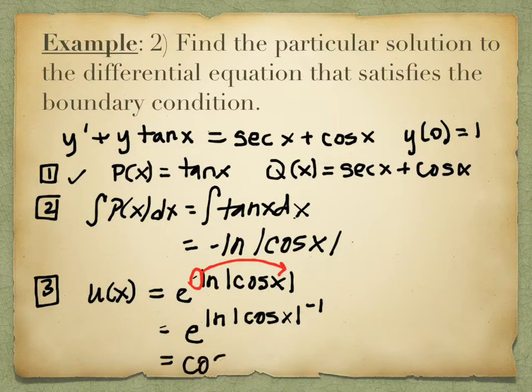So this is cosine of x to the negative 1. What is cosine of x to the negative 1? It's secant. So on this problem, we don't actually end up with antiderivatives with e in them when I get to step 4, do I? That's simplified. I'm dealing with trig functions only on this particular problem.